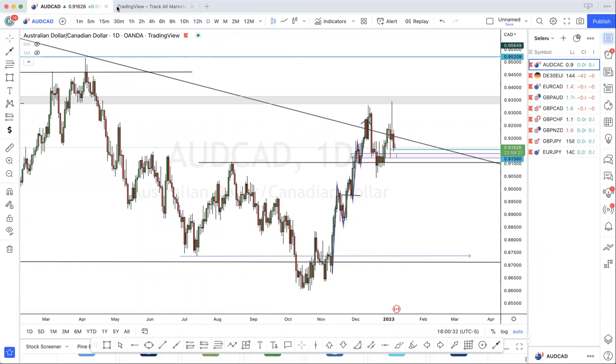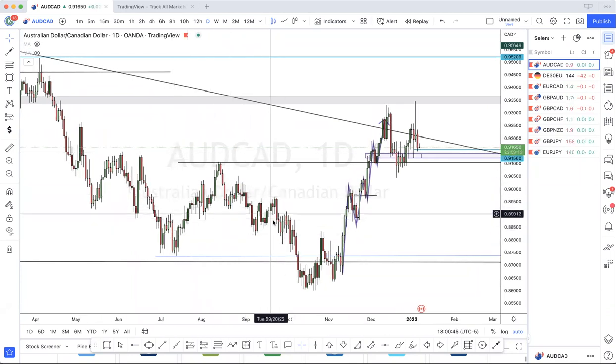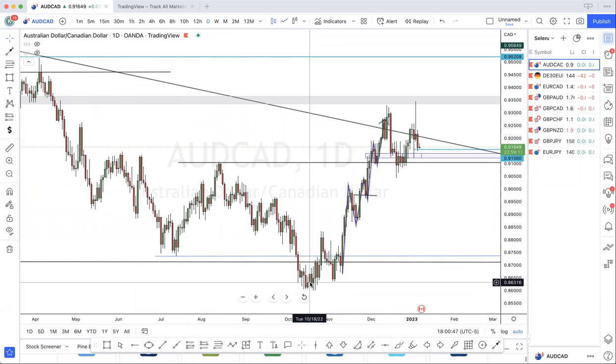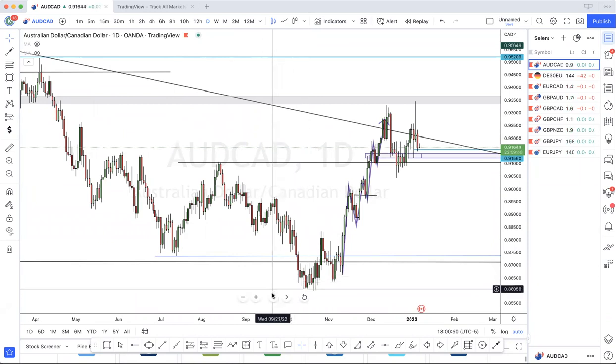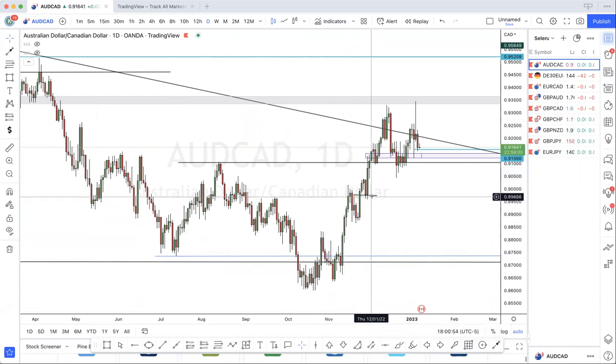Hold on a second. Okay, so because this broke structure, we are looking for price to come back. Let me delete all this stuff here.